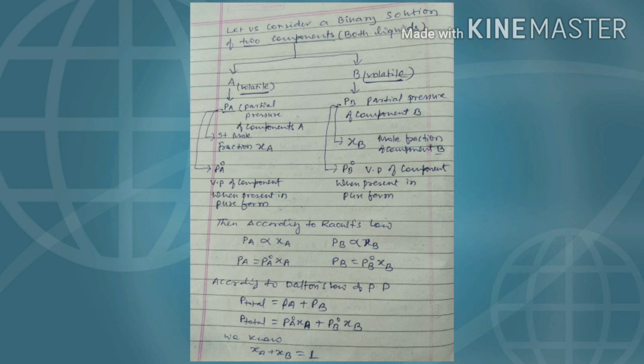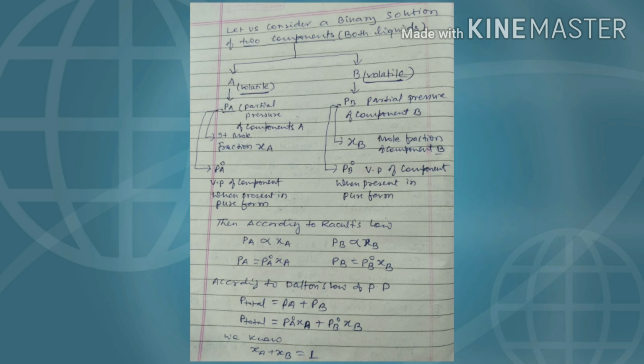Students, let us consider a binary solution of two components, both liquid in state, in which A is volatile and B is also volatile. According to Raoult's law, PA, the partial pressure of component A, is directly proportional to the mole fraction of component A, and the partial pressure of component B is directly proportional to its mole fraction XB, as given in the notes.